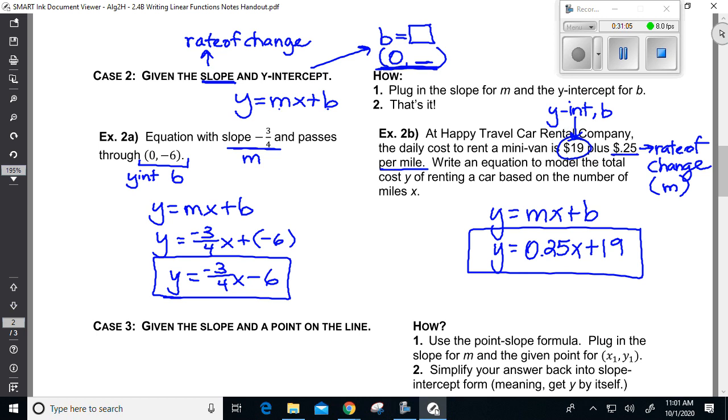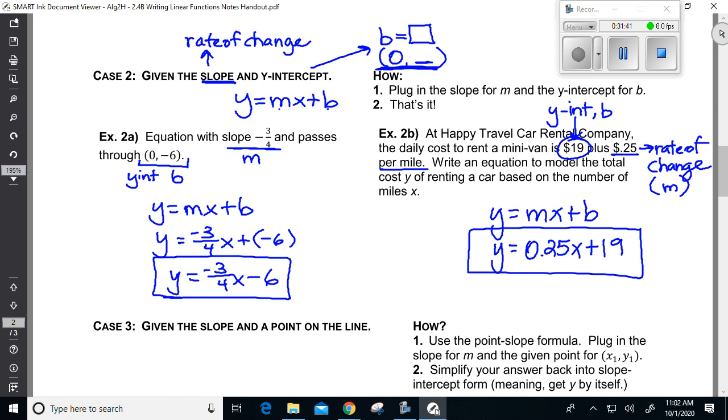That's it, problem's over. Questions, case number 2. Cool. Case 3.